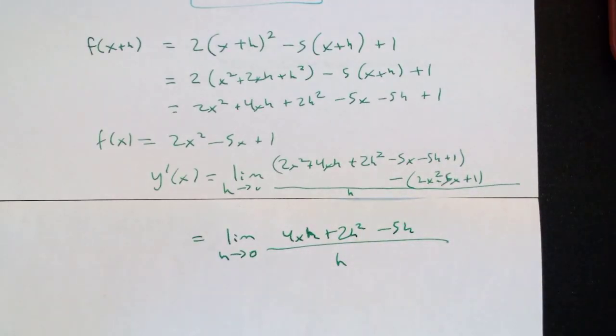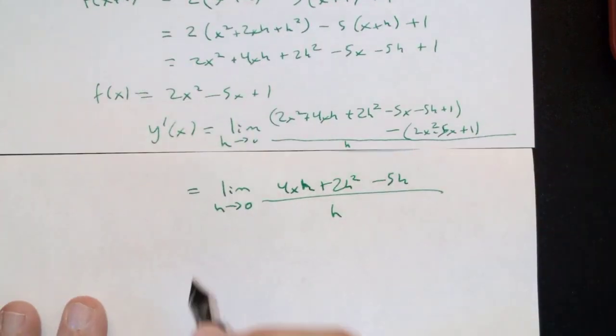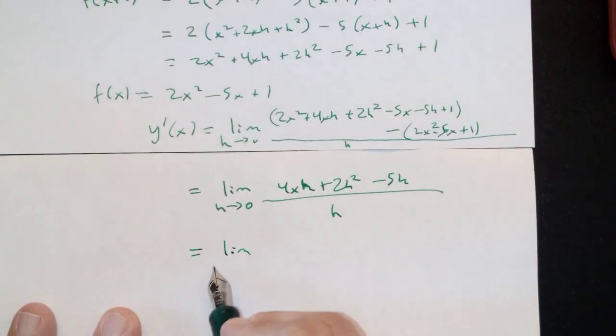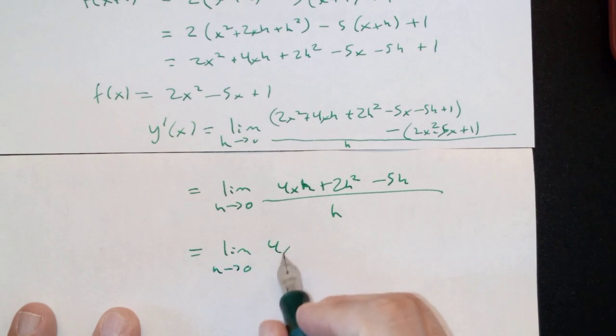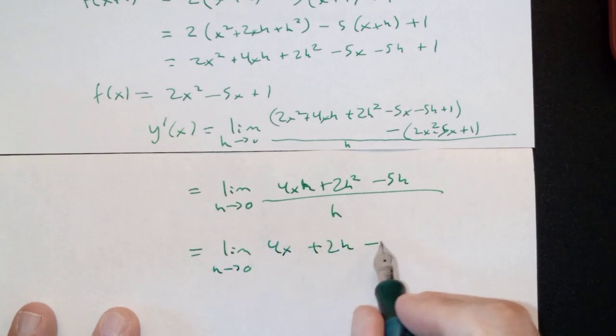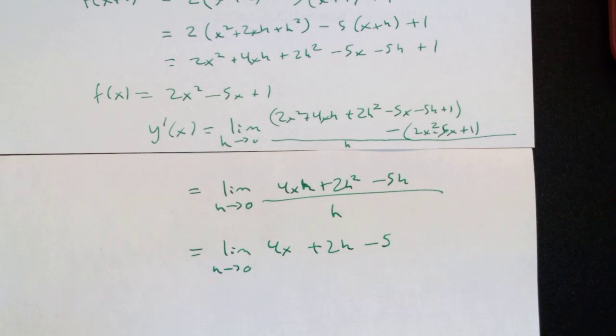And that's it. Everything has an h. Factored out, cancel with the h on the bottom. As h goes to 0, that goes away.